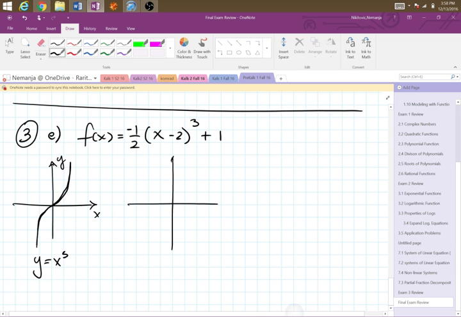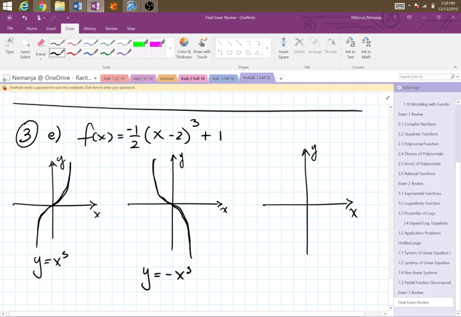The next one is the reflection. It needs to reflect, but look, it's an odd function. Whether you reflect it on x or y, it's going to look the same. Both reflections end up being the same thing. So this would be your negative x cubed. Then this 1/2 is going to make it shorter.